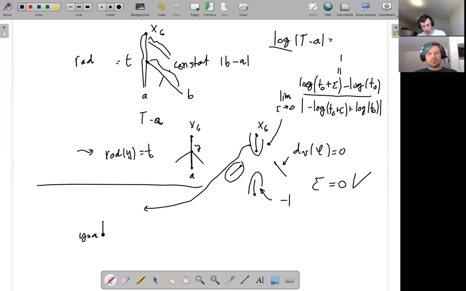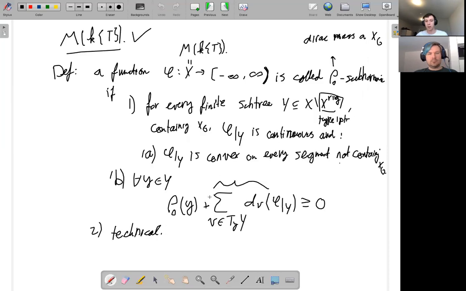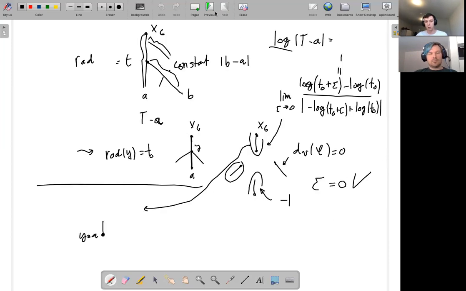So in the point A, if you work out this sum, you have the sum of all tangent directions. And if the point y is equal to this rigid point, there's only one element in the sum, because there is no branching there. And you get this value 1, which is greater or equal than 0. So that also works.